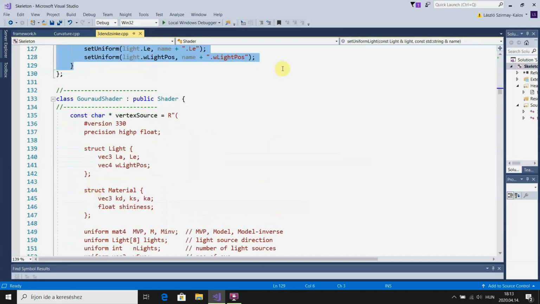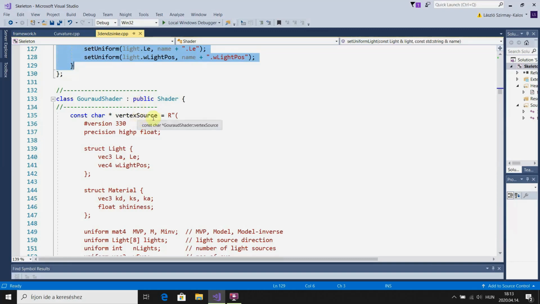We have three different particular shaders. The Gouraud shader, or vertex shader, evaluates the illumination formula for the vertices of the tessellated geometry. The evaluated color or radiance information is interpolated for internal pixels by the hardware.